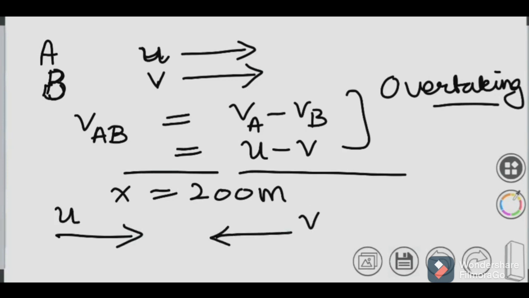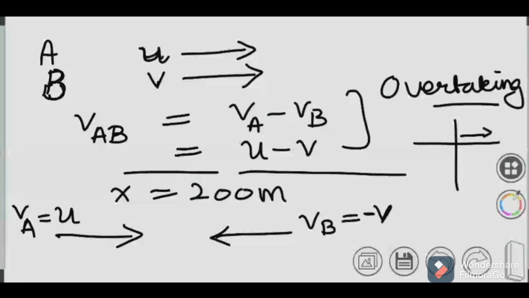Okay, and in the second case, when A is going towards B, the velocity of A is u and the velocity of B we can take as v. Now, because they're coming from opposite directions, one of these velocities will have to be taken as negative. So let's take VB as minus v, because we are sticking to our Cartesian coordinates, where towards the right is positive, towards the left negative, upward positive, downward negative.